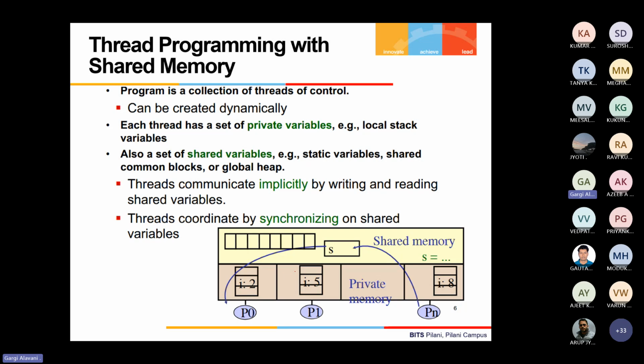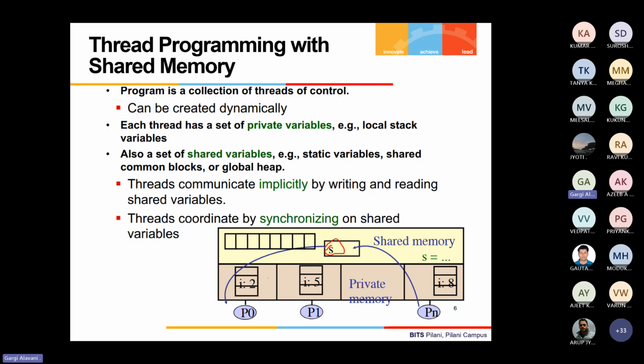Whereas the main difference between distributed and shared memory systems is that communication in shared memory happens through memory, that is, the shared variables. Let's say in this image, this is S, which is a shared variable, and there are n processes here.